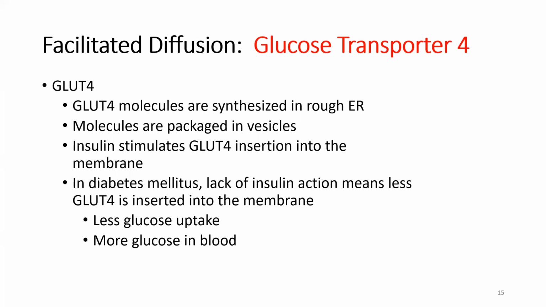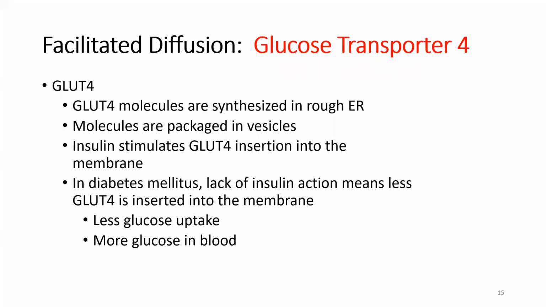In things like diabetes mellitus, there's a lack of insulin, which simply means that we've got less GLUT4 transporters in the membrane. And so this is why we have more of that glucose sticking around in the blood and less of it actually being uptaken into the cells where it can be utilized through cellular respiration. So this is what the problem is.